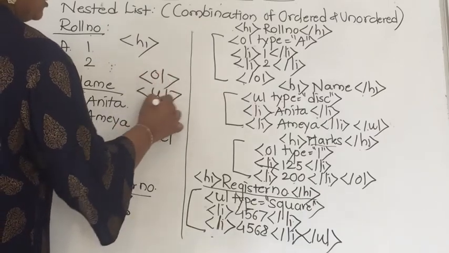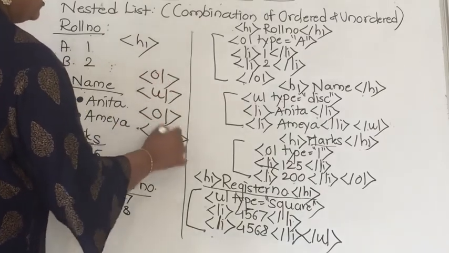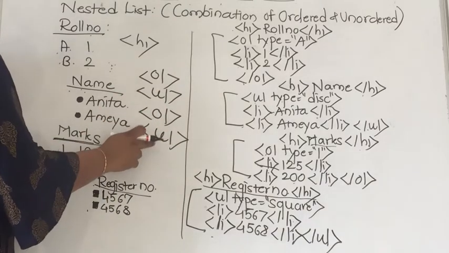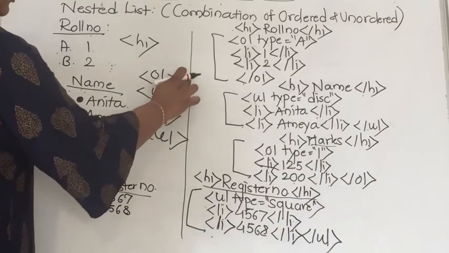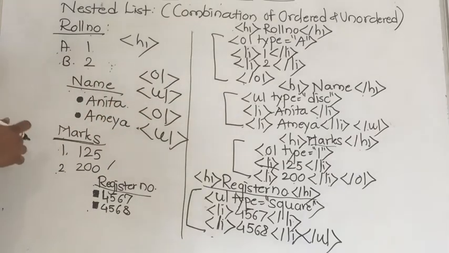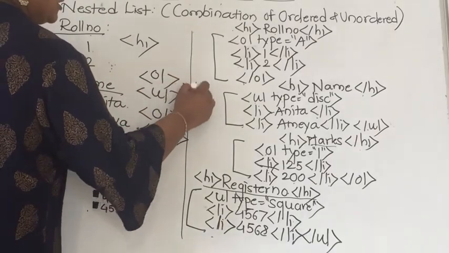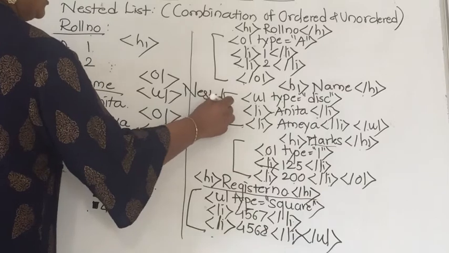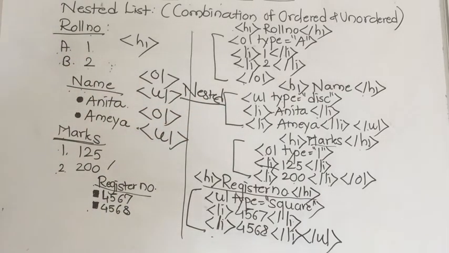So the first I have closed with OL, then second UL, then OL and UL. So it is a combination of OL as well as UL. This is known as a nested list, which is a combination of ordered list as well as unordered list.